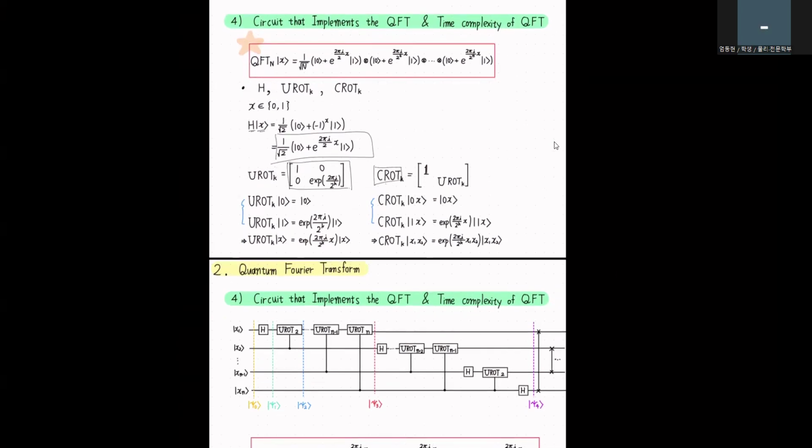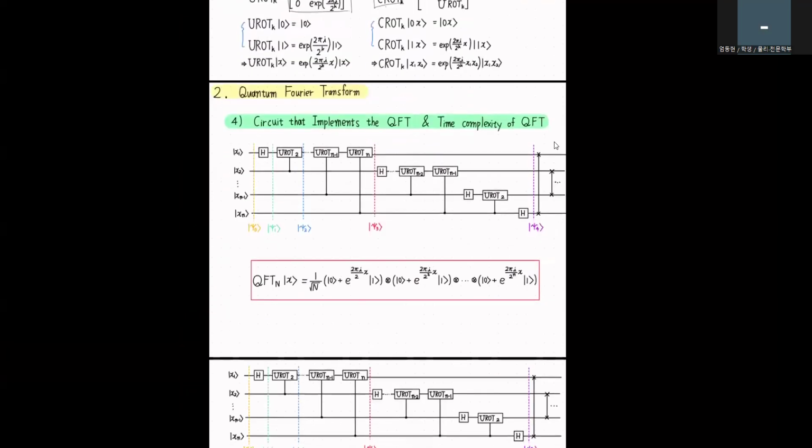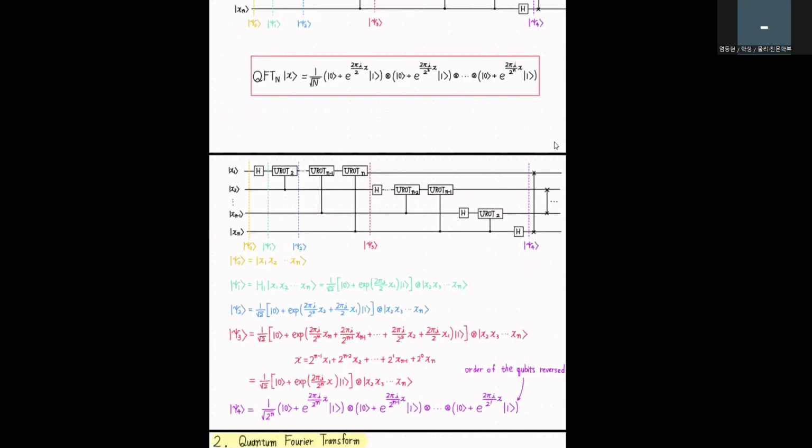And this is the controlled version of this right here. So what we're going to do is implement the circuit using these gates.